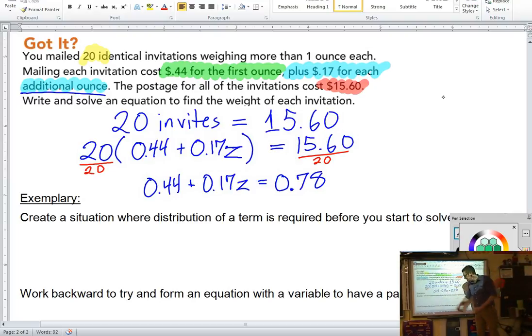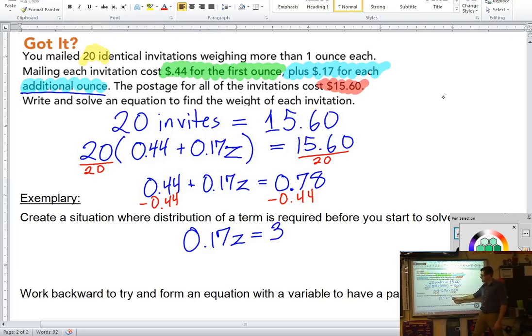So if we take away the original ounce, that 44 cents, we then get 17 cents times the Z equals 0.34. Sorry, it needs to be 0 point because this is cents.